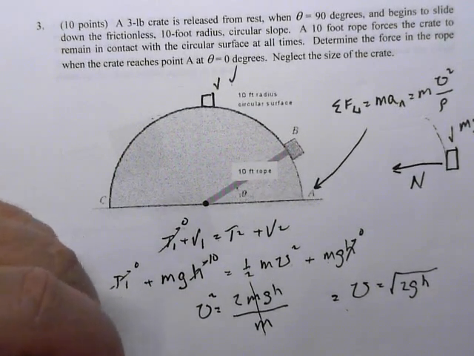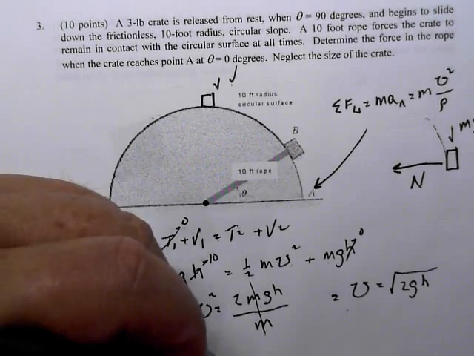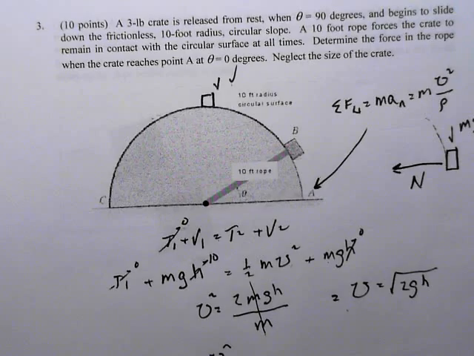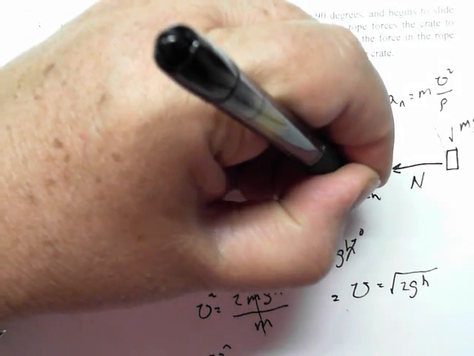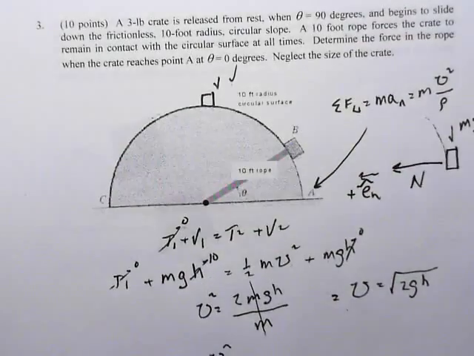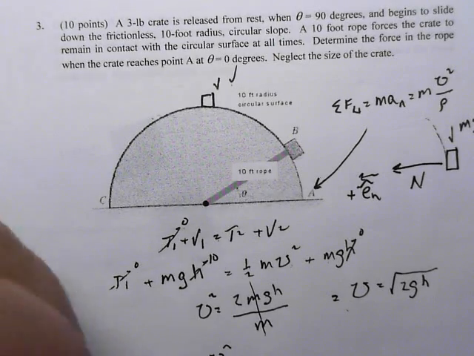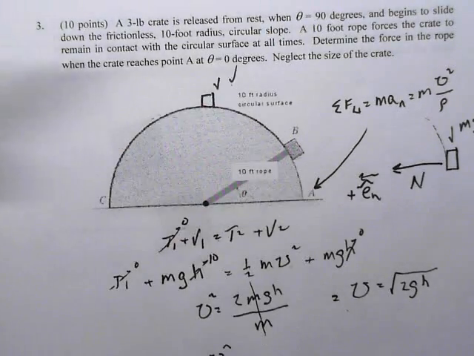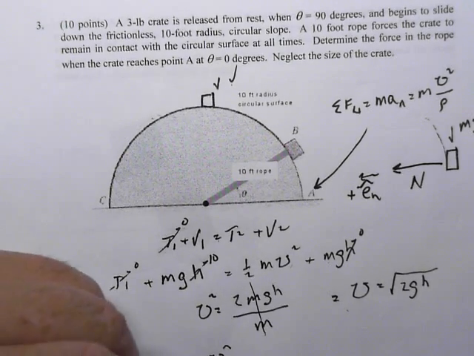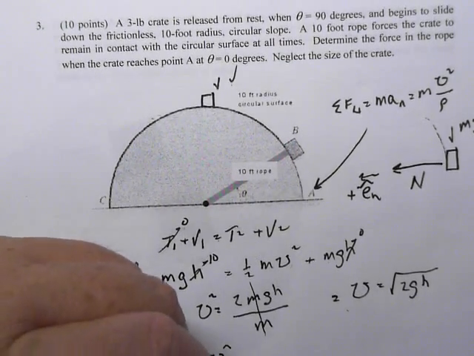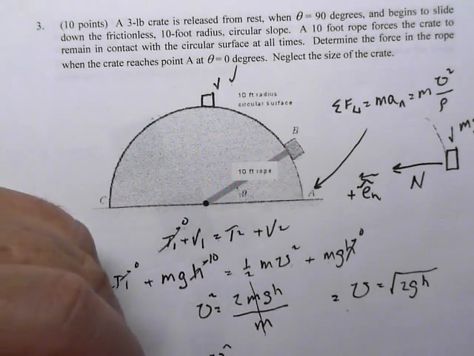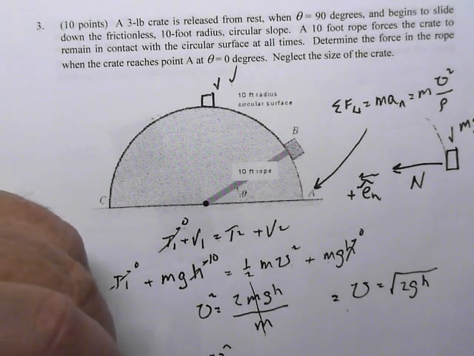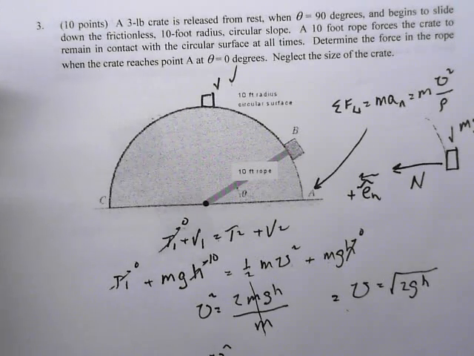So the sum of forces in the normal direction is equal to mv squared over rho, and our only force in the normal direction would be the normal force, because we are down at 0 degrees, gravity doesn't contribute, so the normal force is equal to mv squared over rho, and we know v squared from earlier. We know the mass, the radius of curvature is a constant of 10, and so we can find the force in the rope, the normal rope force.